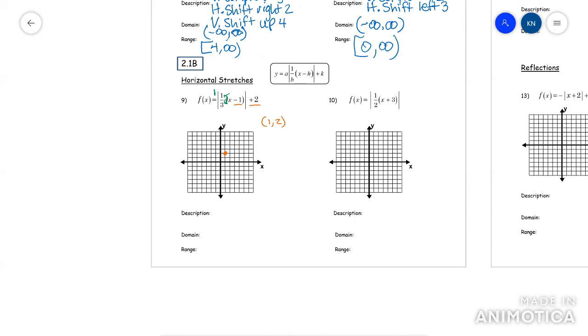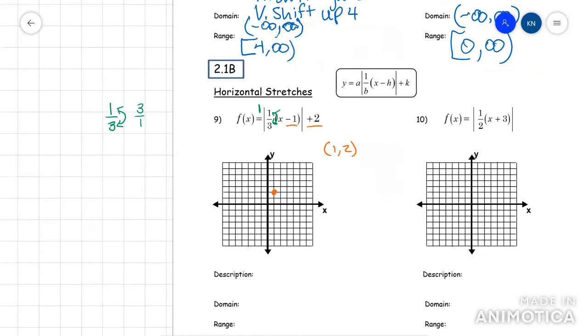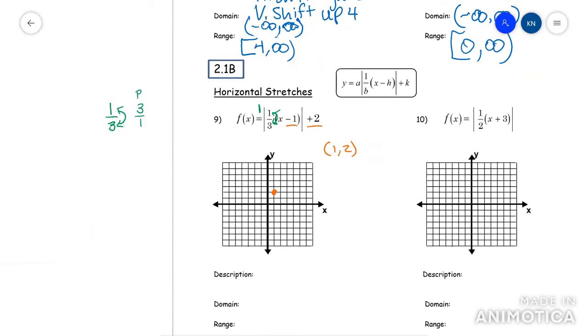Flip that fraction. If you flip 1/3, it becomes 3 over 1. So this is my B value. My A value is 1. So when I do A over B, it's going to be that 1 over B is 3.